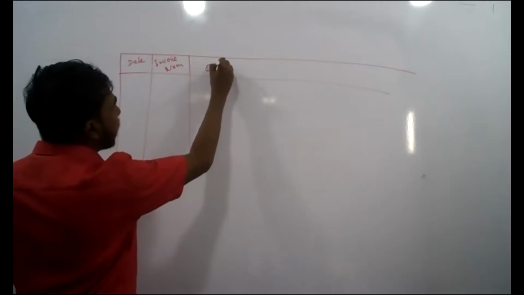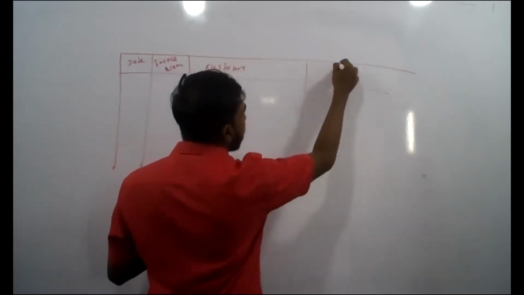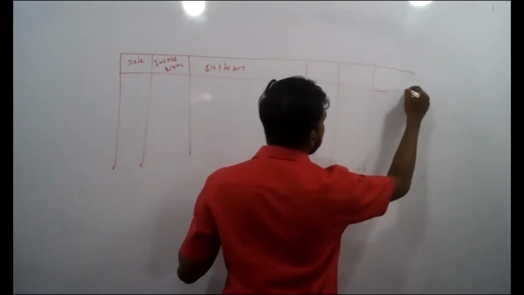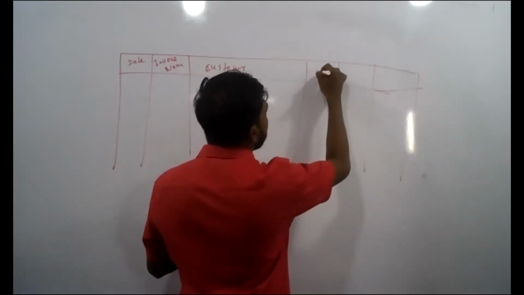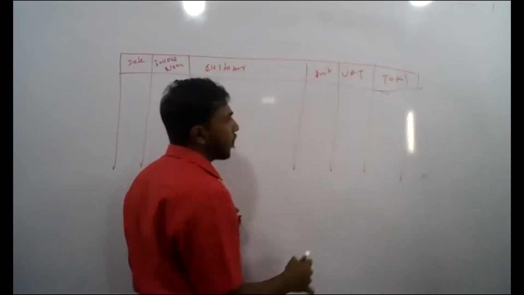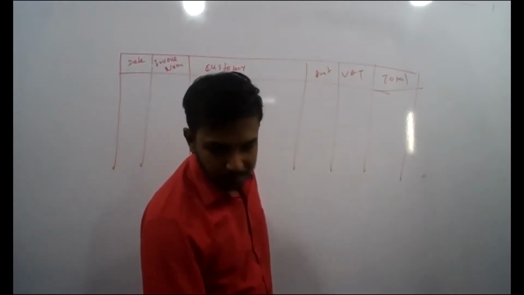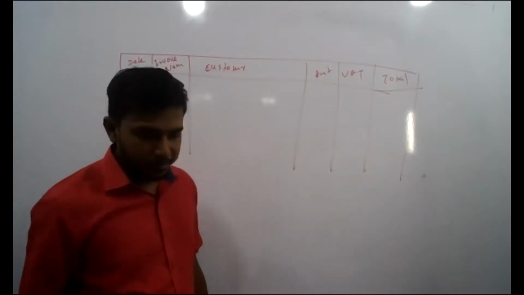Here it would be the customer, then amount, VAT part. This is the amount, then this is VAT, and this is stock. Right? So that's how it comes.